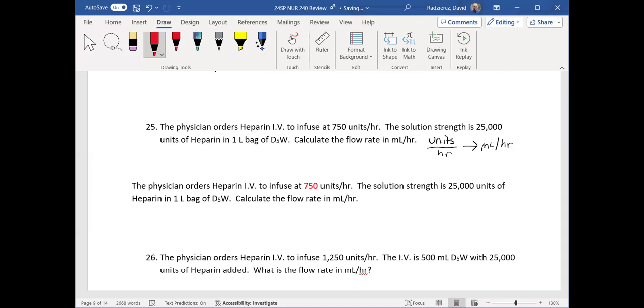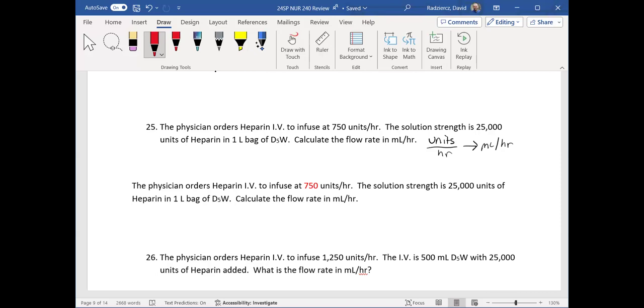Because the heparin protocol gives you an answer in units per hour, and then you use the heparin IV information to calculate your infusion rate. So we're doing the same thing here. The reason I write this out is because sometimes it's helpful to see that we have units per hour and we're converting to milliliters per hour. It gives you a strategy of how to solve these.